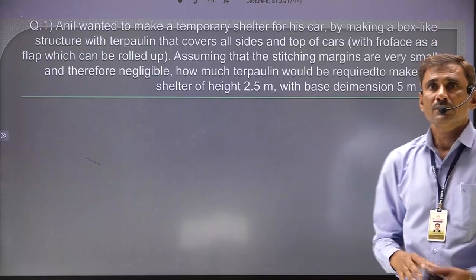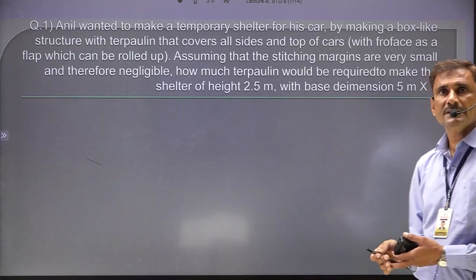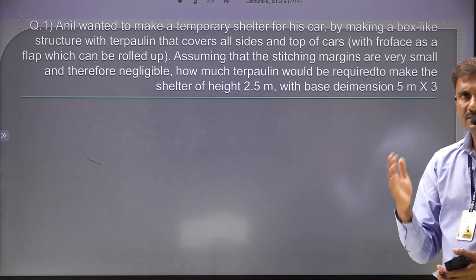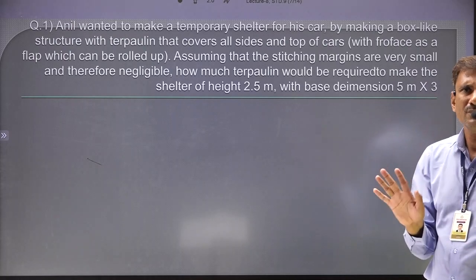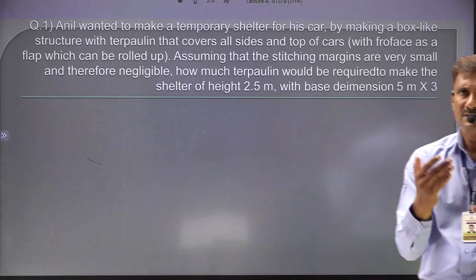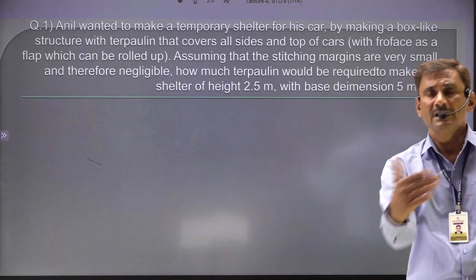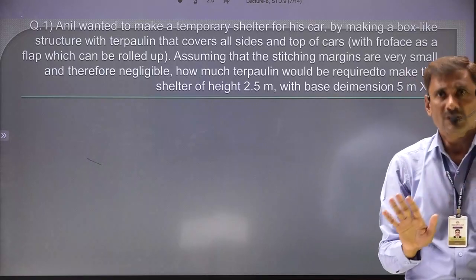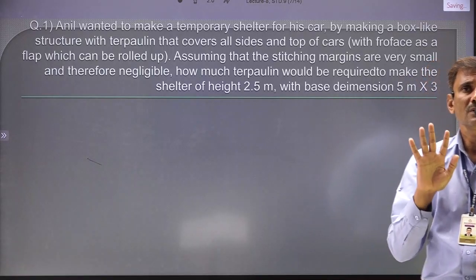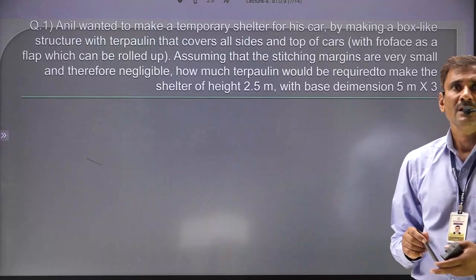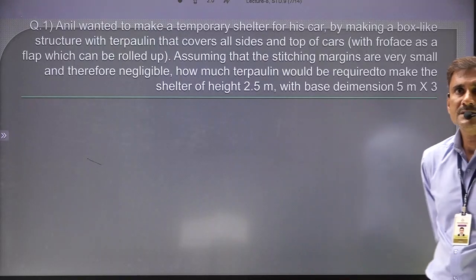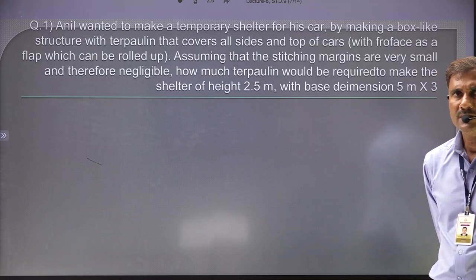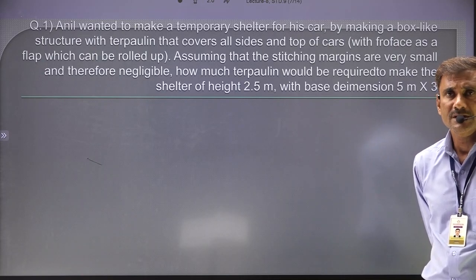Now what is given? One surface is a flap which can be rolled up. So one surface can be rolled up. It is not important for us. Suppose it is the first surface, for taking the car inside, so it will be rolled up. But we have to count that. So we have to count a total of 5 surfaces. Assuming that the stitching margins are very small and therefore negligible, we just count area only, no margins required.